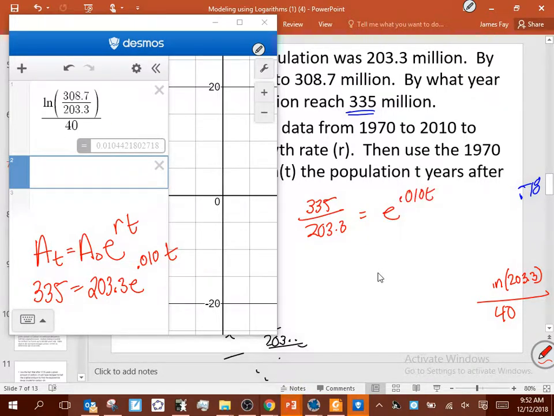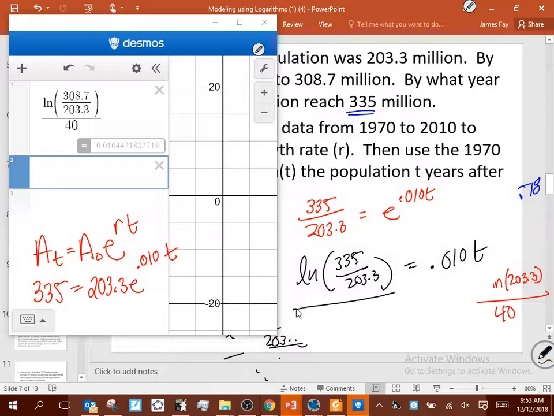Can I take natural log both sides? Natural log of both sides would be 335 over 203.3. It's going to leave you with 0.010t, right? Now what do I do? Divide both sides by that, right? And that's going to give me t.